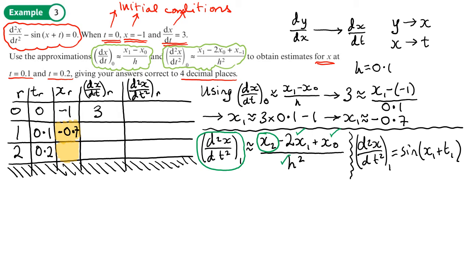Right, so that will be d squared x dt squared 1 will be the sine of x1 and t1, which we have here in our table. So that will be sine of negative 0.7 plus 0.1.